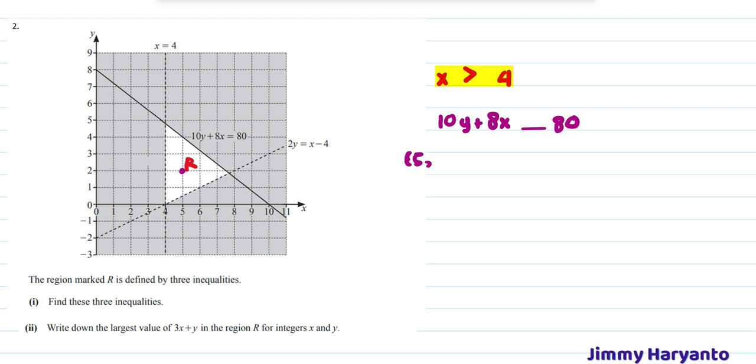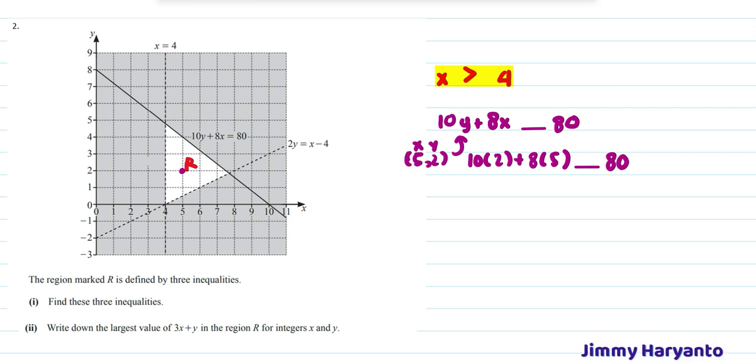We only have to insert it into the equation. So 10 times 2, plus 8 times 5, compared with 80. So this one is 20 plus this one 40, which is 60, compared with 80, and the answer is less than. That is for the straight line, which means you have to put equal to. Okay, this is the second one.